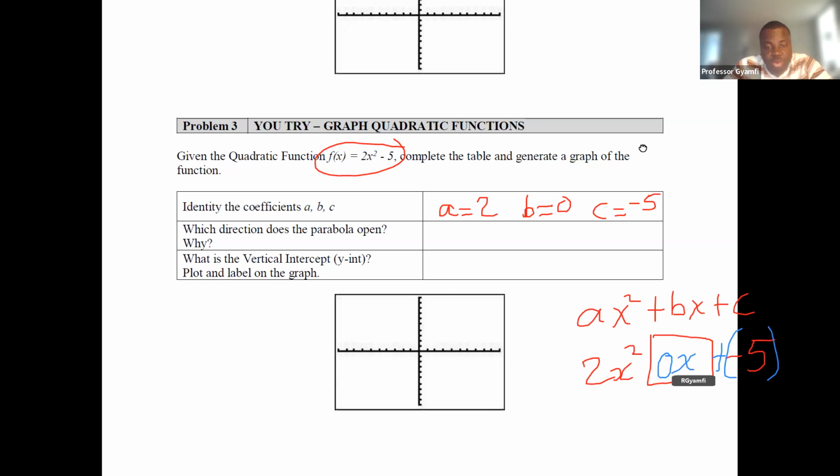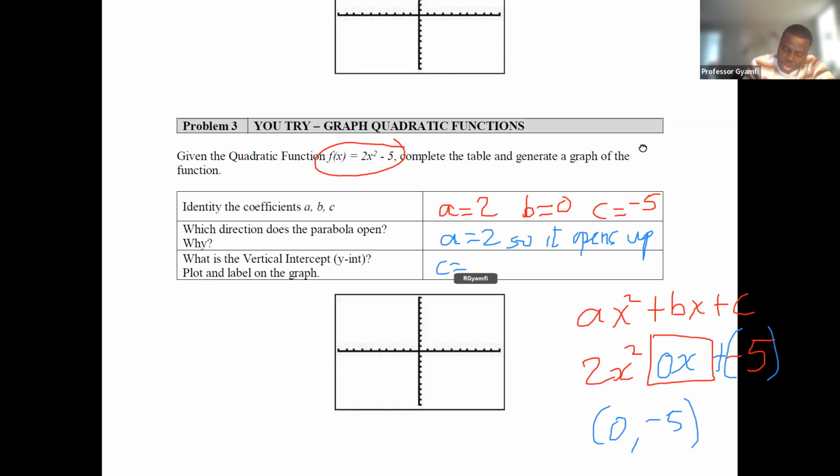So b is 0. Now which direction will the parabola open? Remember, a equals 2, so it opens up. What is the vertical intercept? It's negative 5. That's it.